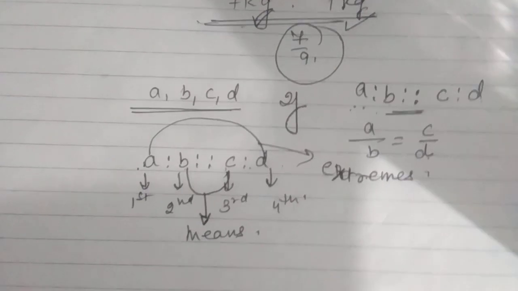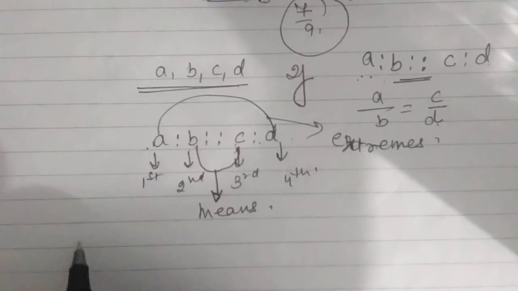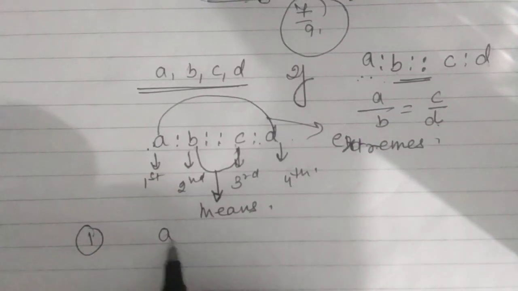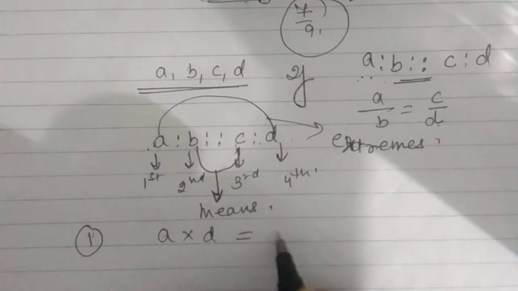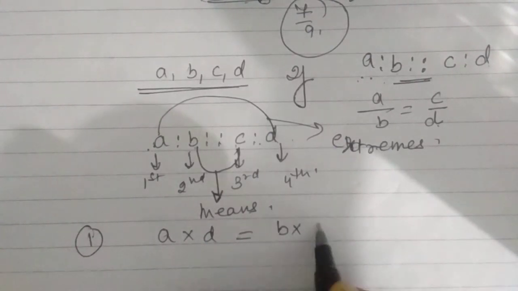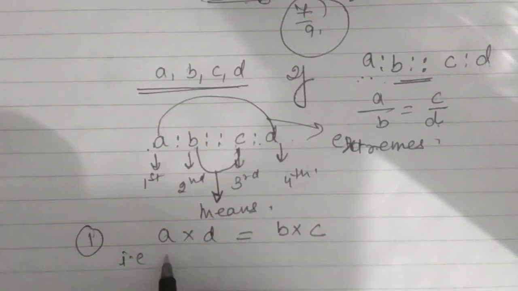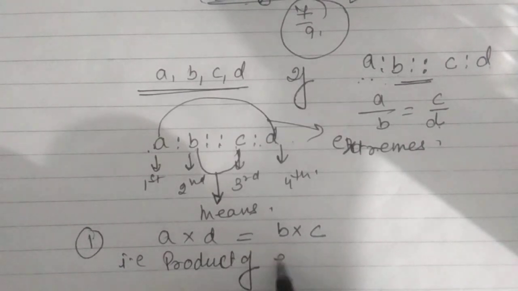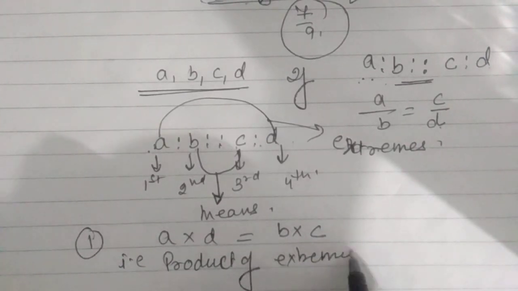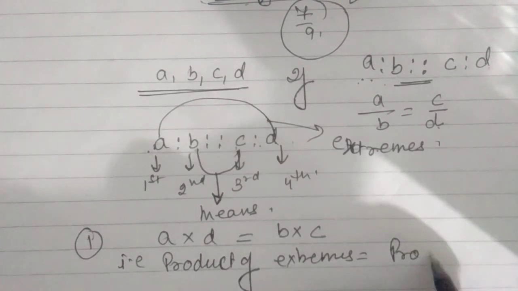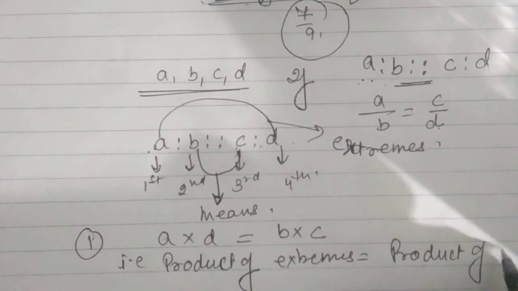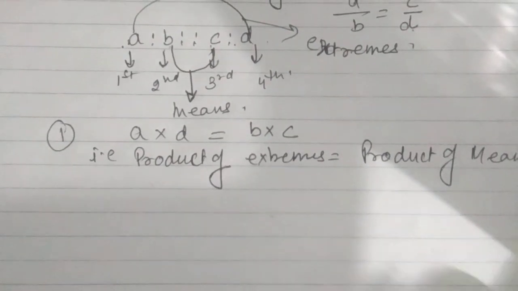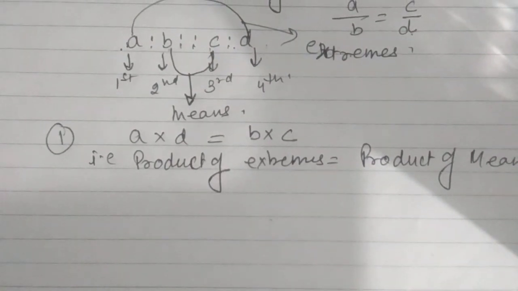There is one more rule over here. The product of a into d is equal to the product of b into c. That is, the product of extremes is equal to the product of means.